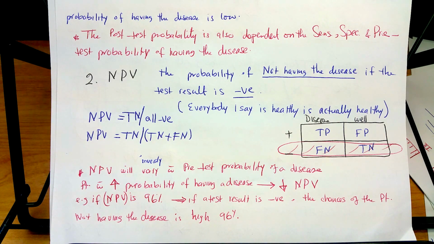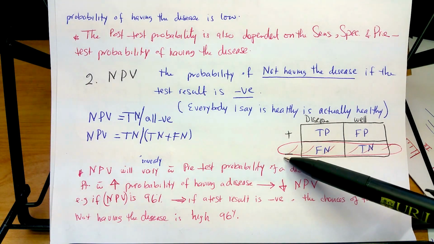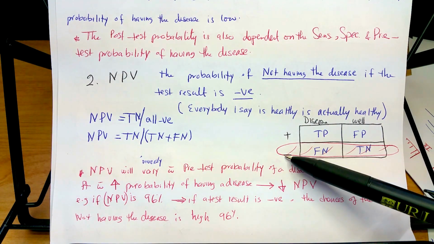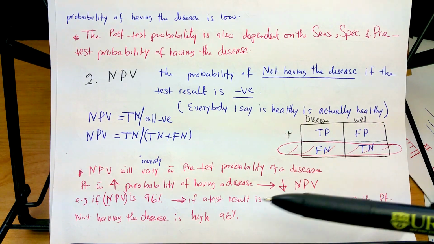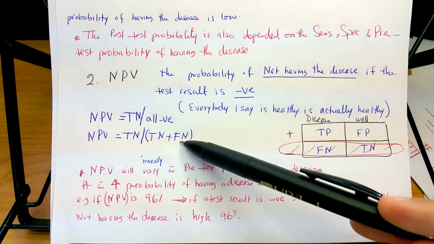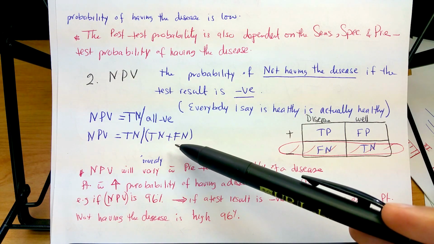When everybody I say is healthy is actually healthy. So we'll concentrate on the negative. Go to the negative row, the lower row, and see. So the true negatives among all negative results. The true negative among all negative results is the negative predictive value.